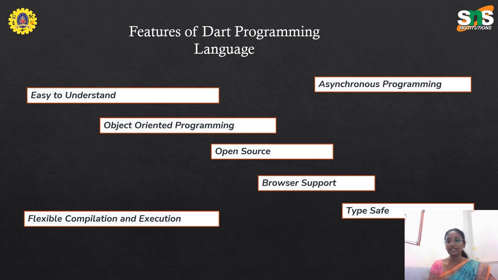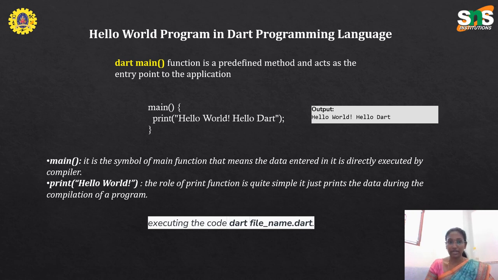These are the features we work with: it is easy to understand for every user. The OOPs concept is the basic concept we work with here. Open source, with browser support also. It is type safe for each and every document, with flexible execution and synchronizing of the program. It's very easy to connect on the browser side. These are the features we work with in the Dart programming language.